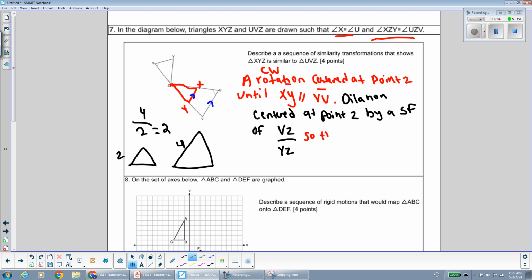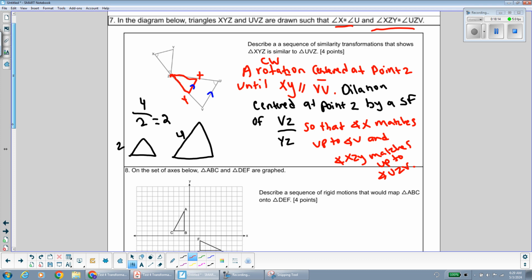So angle X matches up to angle U, and angle XCY matches up to angle UZV. Moving on.